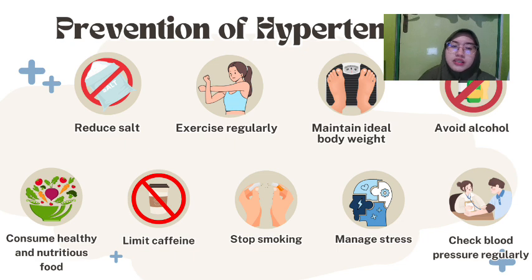Number five is consume healthy and nutritious food. Preventing hypertension also needs to be balanced by consuming foods that are healthy and contain the nutrients the body needs. For your information, the mineral that plays a very important role in maintaining blood pressure is potassium. Potassium can balance salt or sodium levels in your body, thereby preventing hypertension.